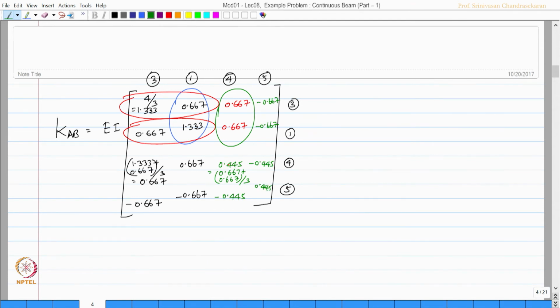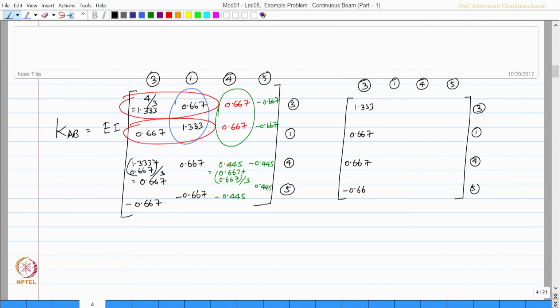Let us have this matrix clearly written here. KAB will have labels 3, 1, 4, 5, and 3, 1, 4, 5. The first row is 1.333, 0.667, 0.667, minus 0.667.